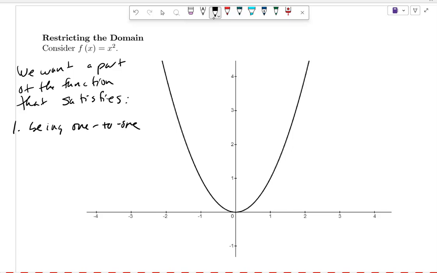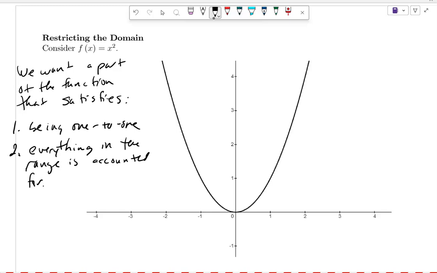So the second thing that you want to make sure you do is make sure that everything in the range is accounted for. Again, the square root function wouldn't do me any good if I couldn't do the square root of 9 or the square root of 25, right?